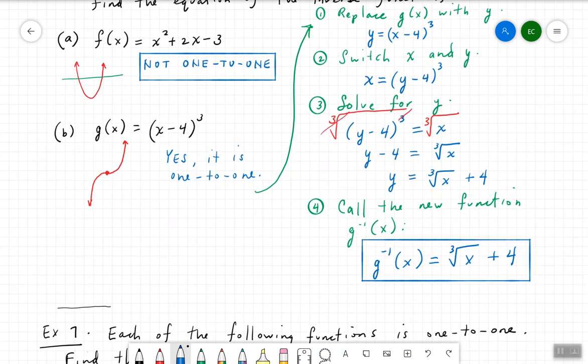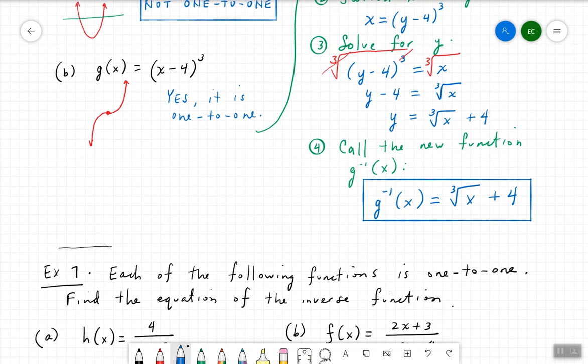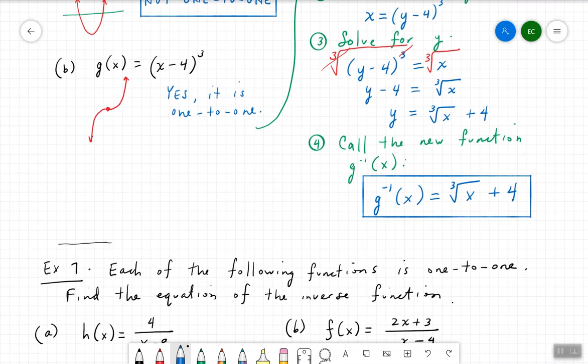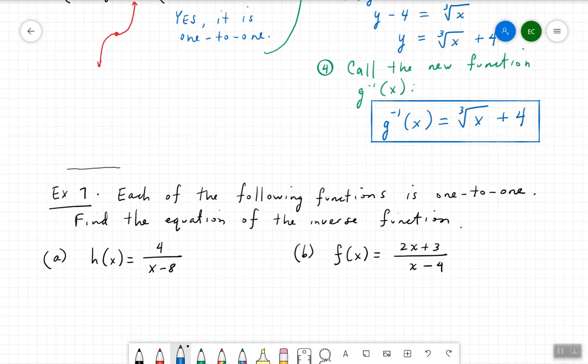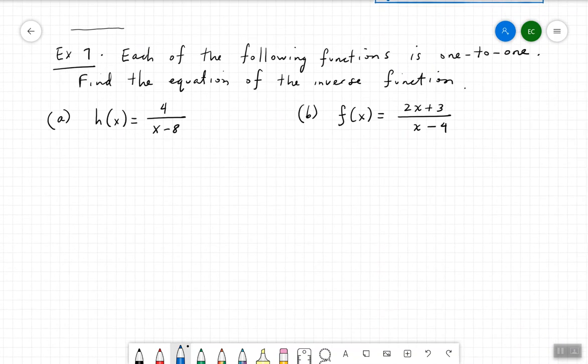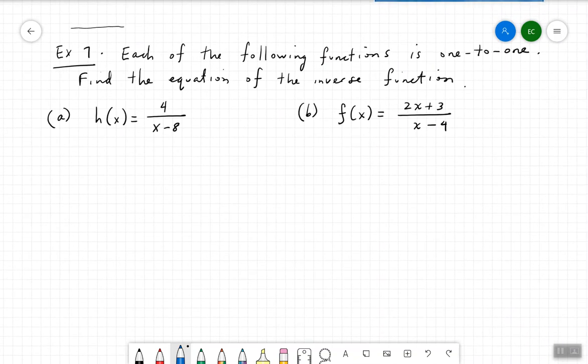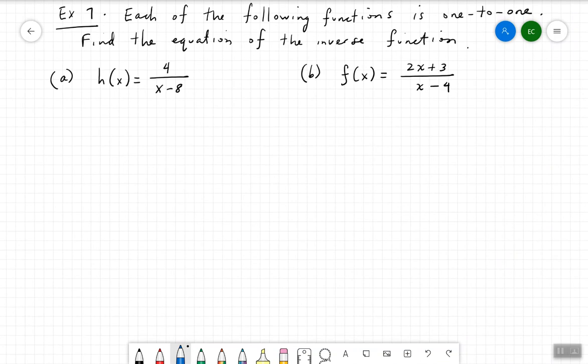Okay, so now I'd like to do a couple more problems just like that. The algebra maybe gets a little bit tricky in these next couple problems, so that's what's important here. And in fact, we'll just tell you straight off that these functions are one-to-one, so we don't have to worry about that. We'll just go through the four-step process to find the equation of the inverse function.